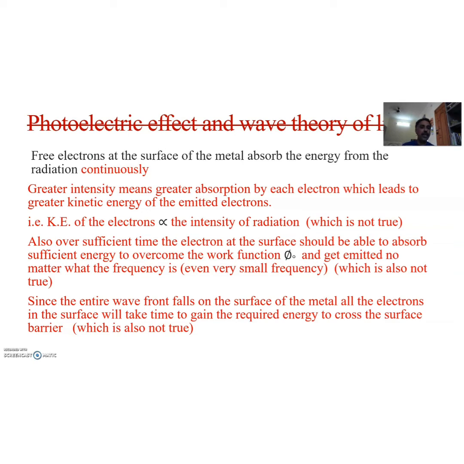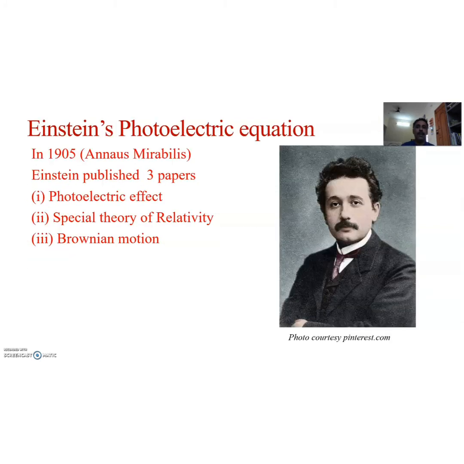As a result, there will be a time lag between the radiation incident on the material and the photoelectric emission, or the electron emission. So there will be a time gap between them, but that is also not true. Photoelectric emission happens instantaneously. So wave theory completely failed to explain the photoelectric effect.